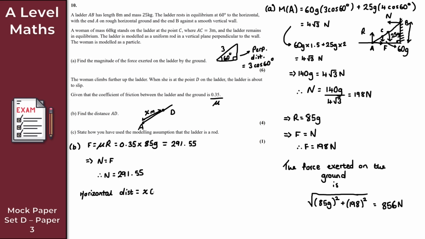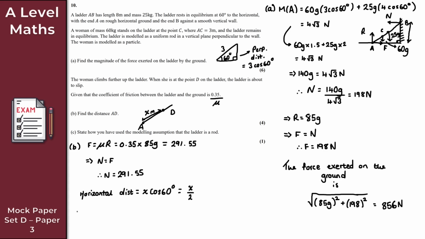It's going to be X cos of 60 degrees, similar to what we did in the previous part, when we had the 3 cos 60 degrees and the 4 cos of 60 degrees. So I get X cos of 60 degrees, which is just the same as X over 2, right? Like so. So now let's take moments at A here, and we can use the answer from part A to help us do this.